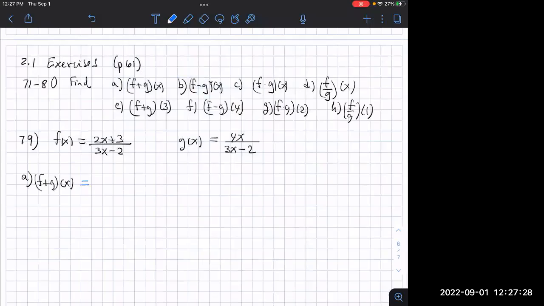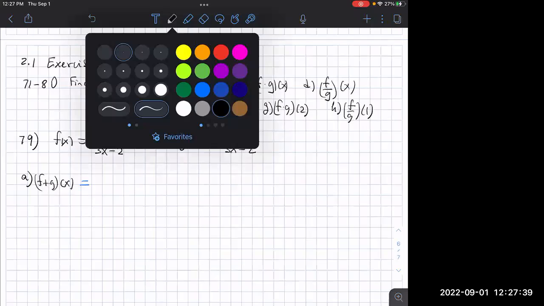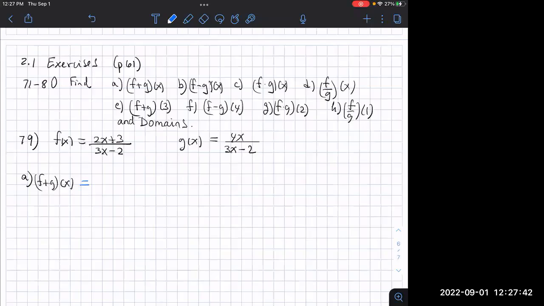Oh, and it also says to find the domains. So F plus G of x is the same as F of x plus G of x, right? So the sum is obtained by adding the two functions. So F of x is (2x plus 3) over (3x minus 2) plus 4x over (3x minus 2).